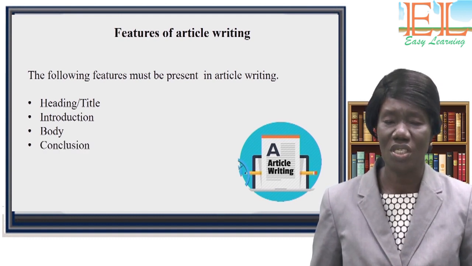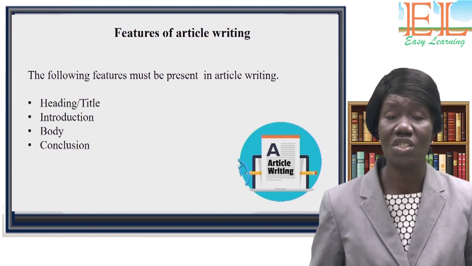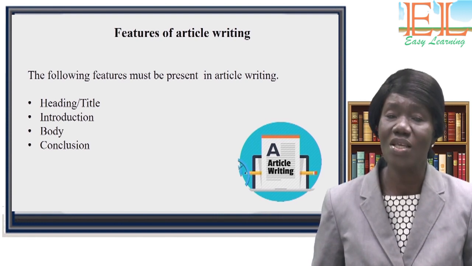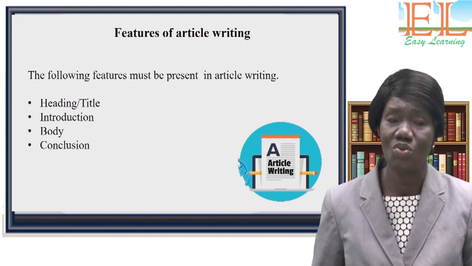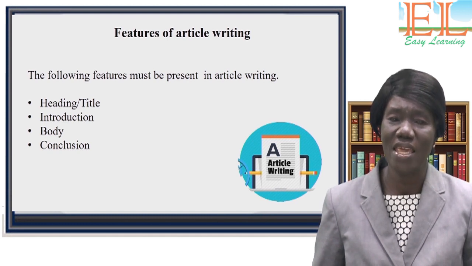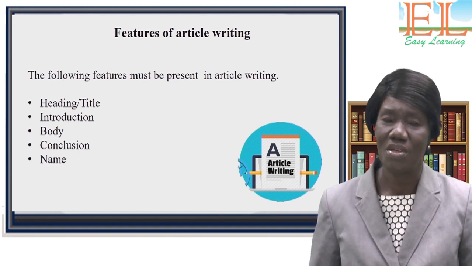That will be my conclusion. Am I supposed to ask for a solution, or am I supposed to give a suggestion or my viewpoint? Remember, the conclusion should be catered for, but it will all be based on the question that has been given to you. When I finish, I need to write down only my name. I don't sign, and my name should be a full name.